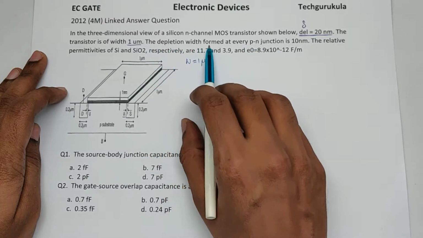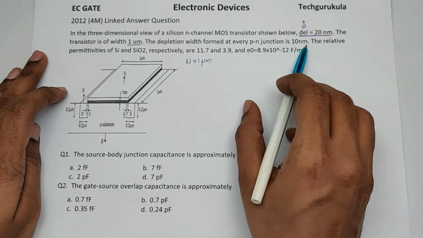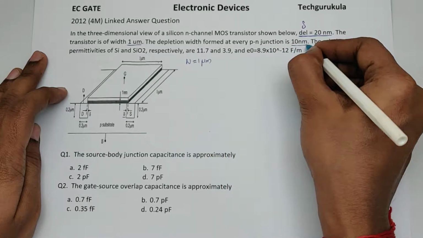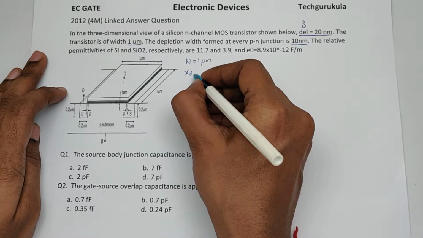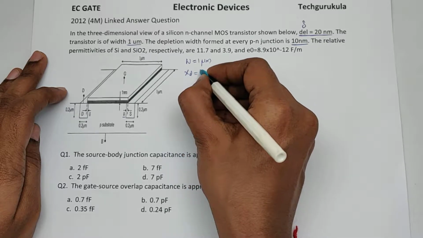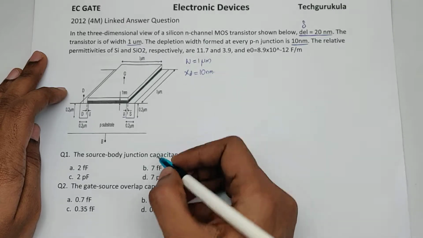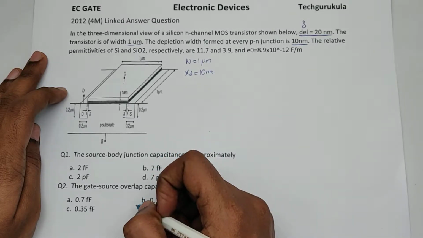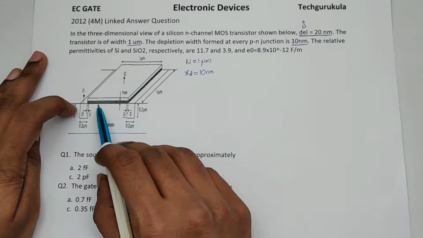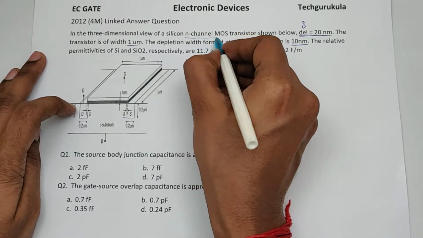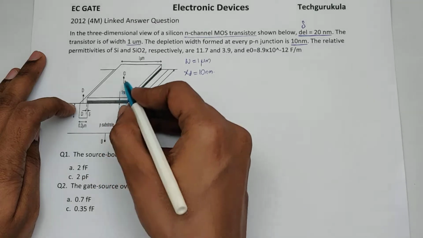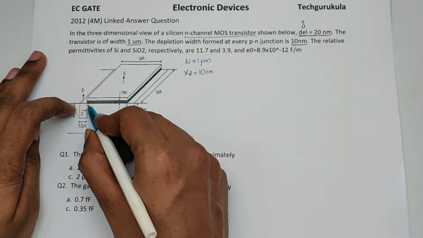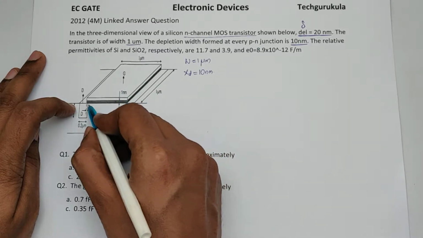The depletion width formed at every PN junction is 10 nanometers. So let's say depletion width for PN junction is 10 nanometers. Now where are these PN junctions? As this is told as n-channel MOS transistor, the substrate is P, so that when you apply potential beyond threshold voltage, it becomes N-type here at the surface, which is inverted.